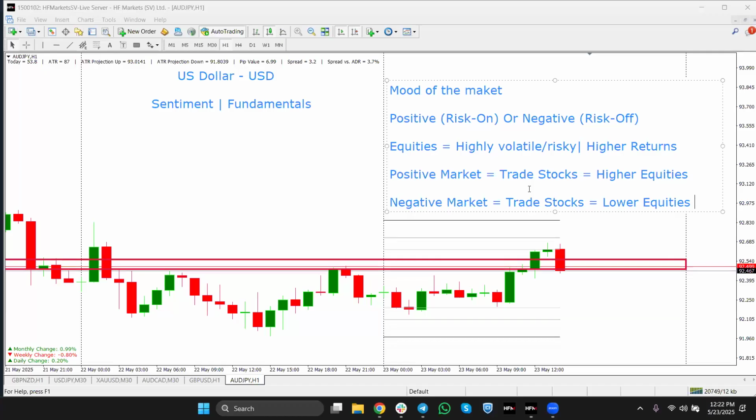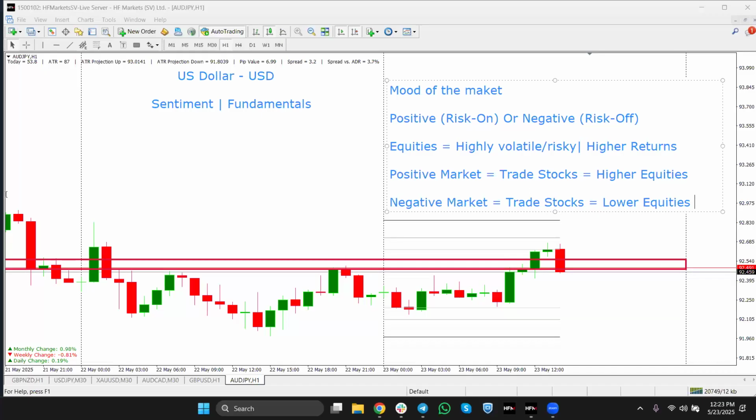Investors, when they lose confidence in the US economy, take money away from the US bonds market into the stock market, and if they have confidence in the US economy and its stability, they take money from the stock market into the bonds market. In this case, bonds, especially the yields part, have a positive relationship with the US dollar, but stocks have a negative relationship with the dollar.